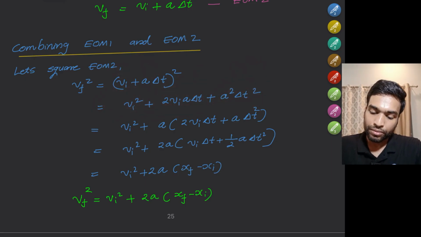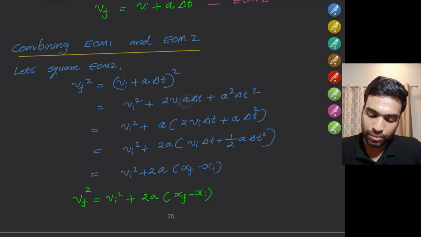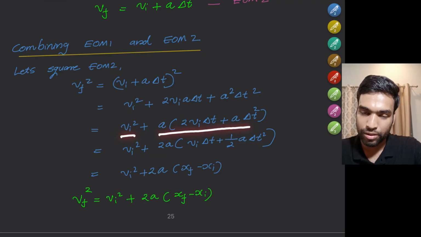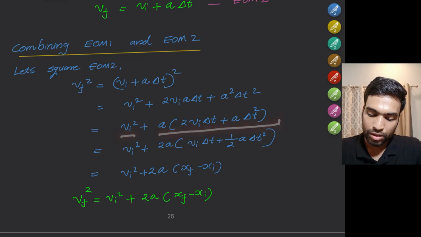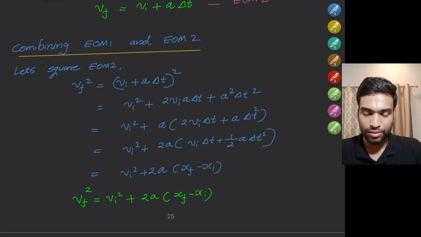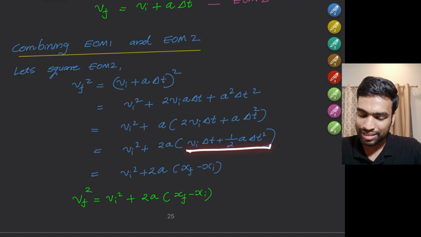Good. And I'm taking this a outside, therefore Vf square is equal to Vi square plus a into (2 Vi delta t plus a delta t square). And also I'm taking this 2 outside. There is a reason for that, okay? So Vi square plus 2a into (Vi delta t plus half a delta t square). The reason is we have seen this somewhere.